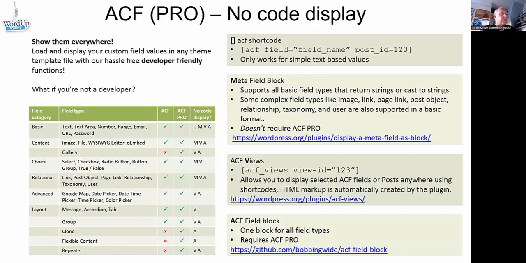Now that will display just about everything apart from message, accordion and tab, which don't really have, as far as ACF is concerned, a visual interface on the front end. They're there for the editor and not for the user. So it should be possible to achieve the same thing. So it simulates exactly what the user sees on the front in the editor.